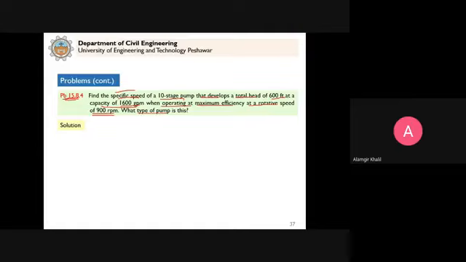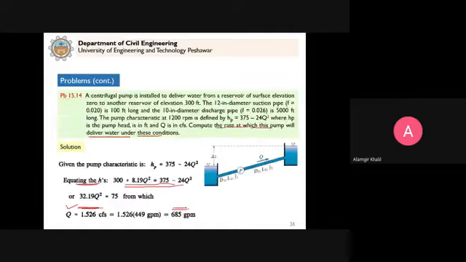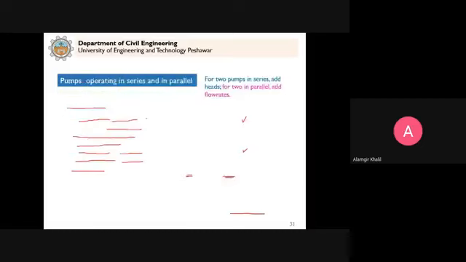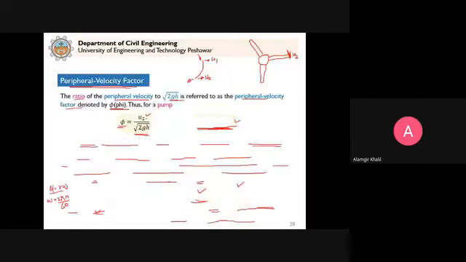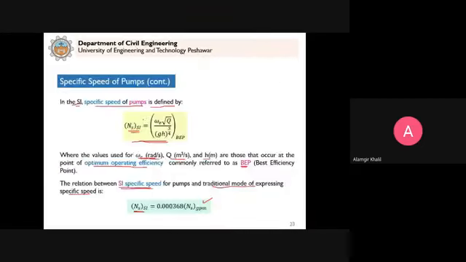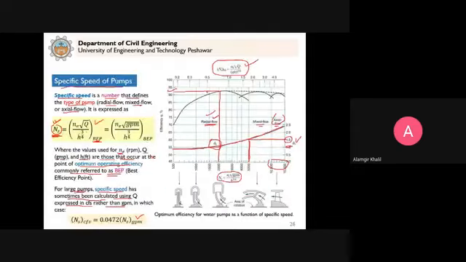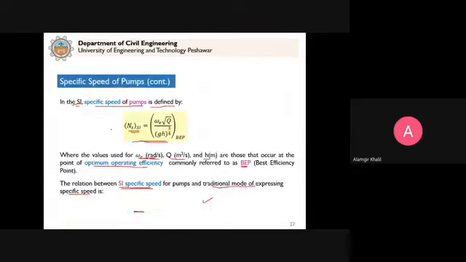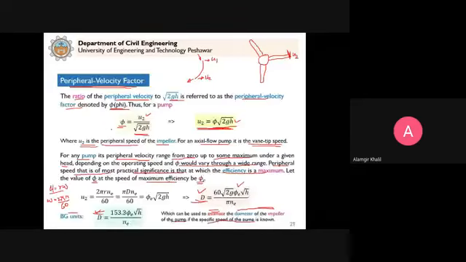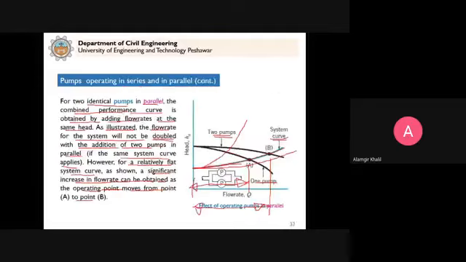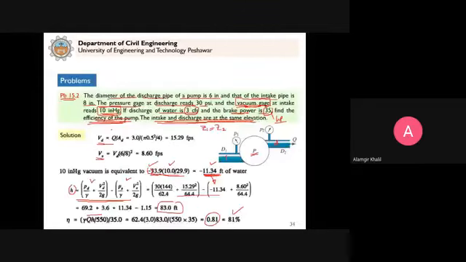So in calculation of specific speed, if I go back to that equation of specific speed, this H that we use is for a single stage pump. Now in the problem, it is given that we have how many stages of the pump?